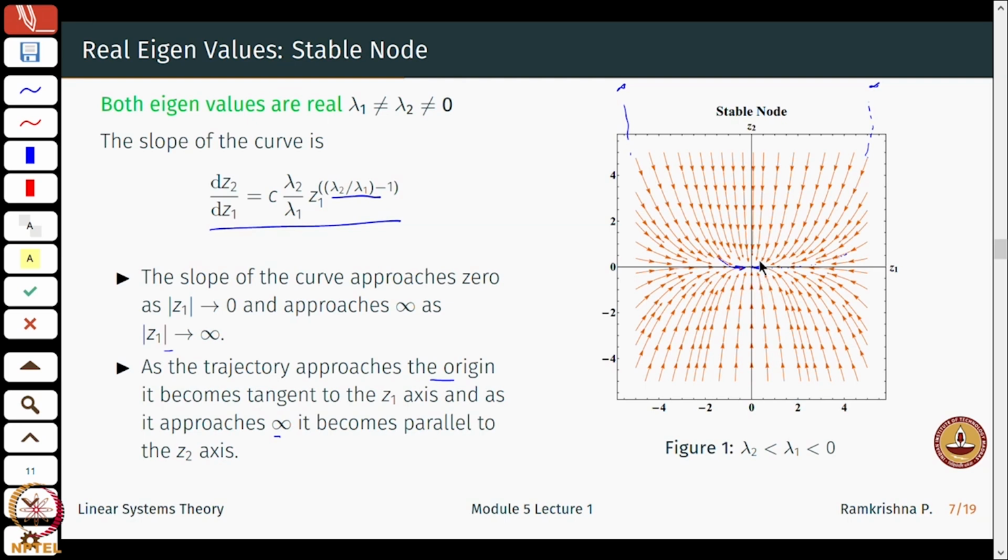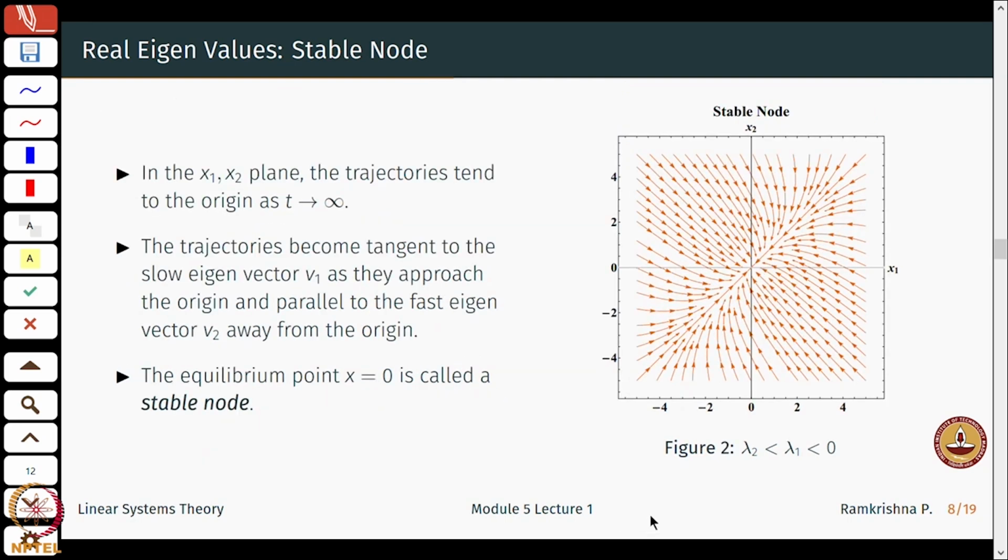Let us go back to the x1 x2 plane and check what is happening here. In the x1 x2 plane, the trajectories tend to the origin again as t tends to infinity. Now, we have eigenvalues which are lambda 2 less than lambda 1 and both are less than 0.